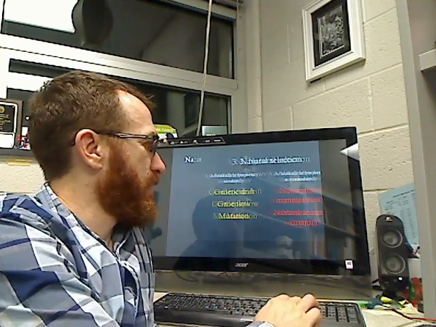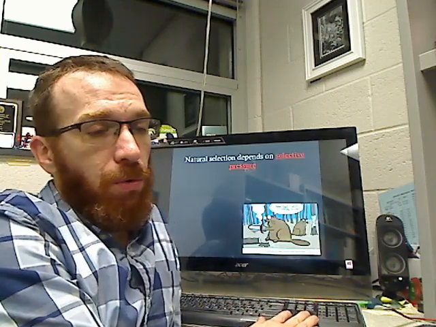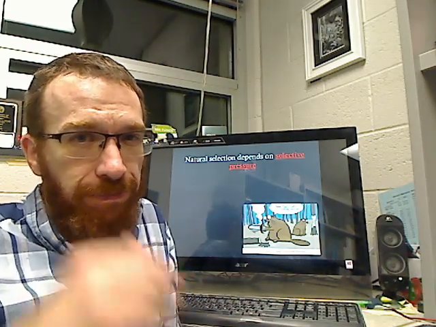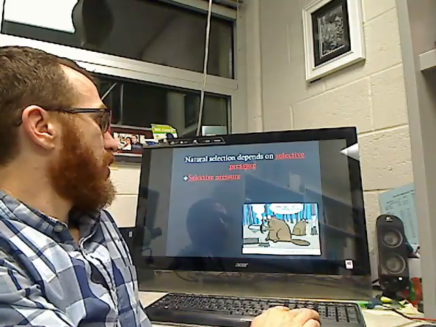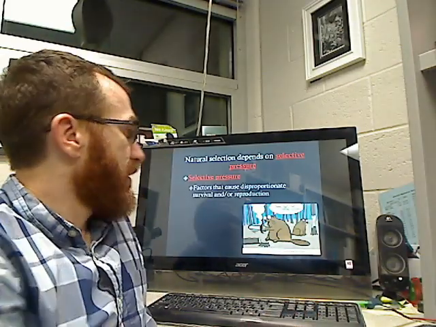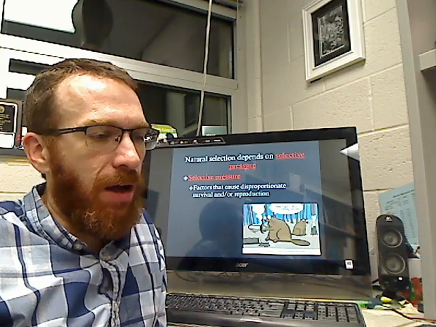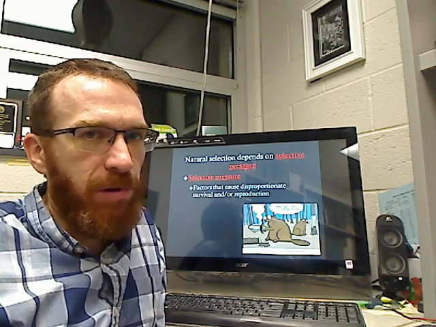Right. So what is natural selection? How does it work? Natural selection largely depends on something called selection pressure. Okay, selective pressure. Selective pressure is basically any factor that causes disproportionate survival and or disproportionate reproduction, right?